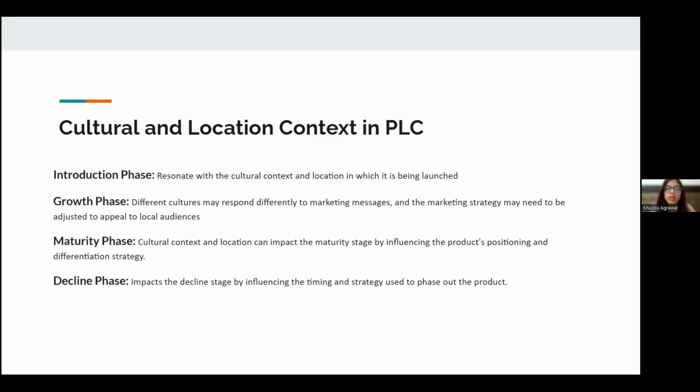Like I was talking about the maturity stage, the product usually reaches its peak sales and faces competition in this stage, as I mentioned earlier. Cultural context and location can impact the maturity stage by influencing the product's positioning and differentiation strategy. In case of Worldlink services, they may face increasing competition from other telecommunication companies as they reach maturity stage in the Nepalese market.